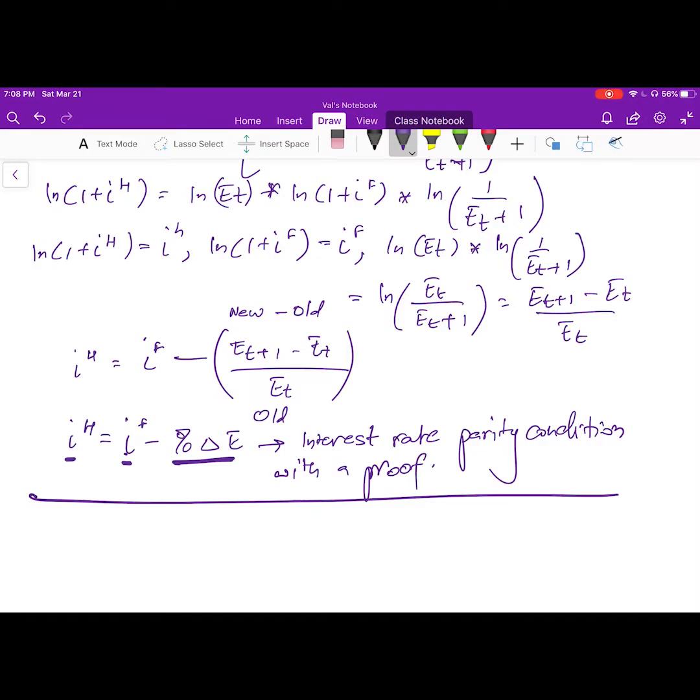So let's do another example. If the interest rate at home is 2% and the interest rate at foreign is 5%, and the trader wants to invest 1,000 euros in the US.